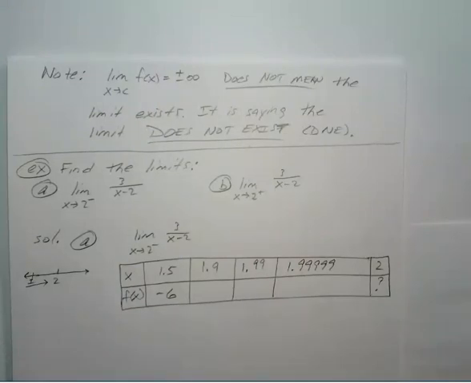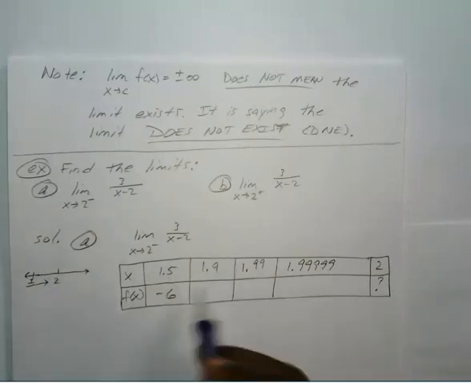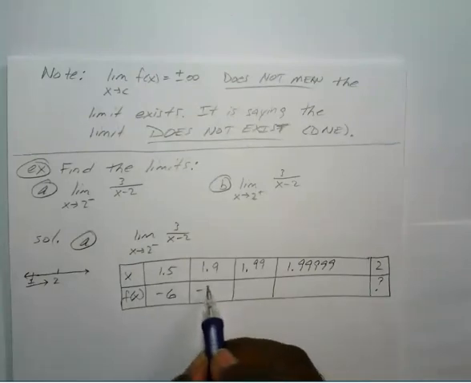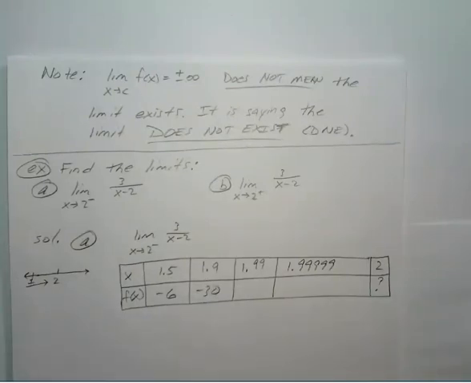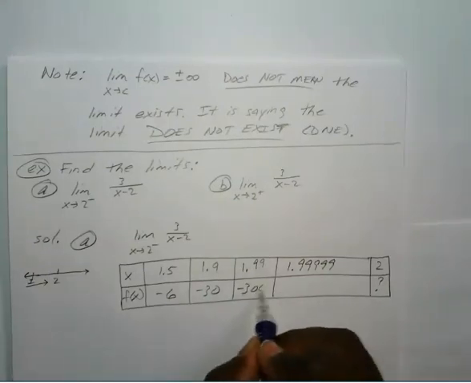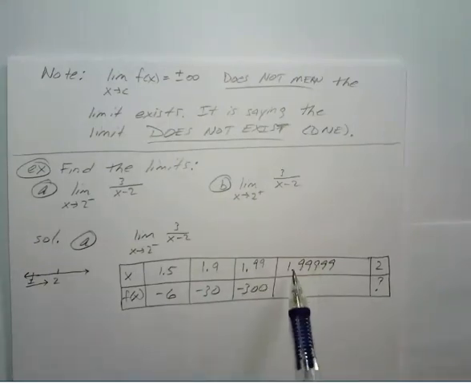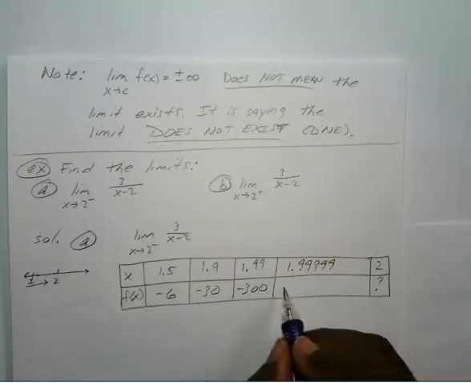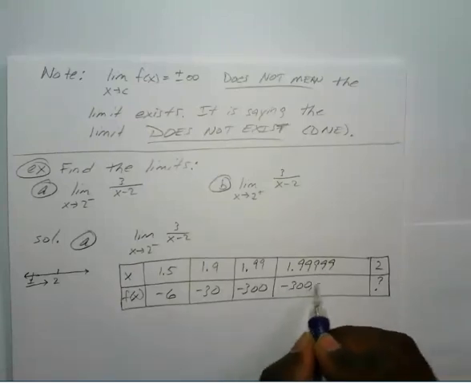If you plug in x equals 1.9, you get -30. You plug in 1.99, you get -300. You plug in 1.99999, you get -300,000.